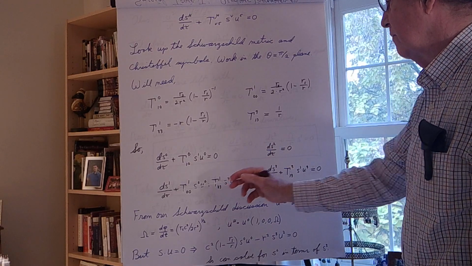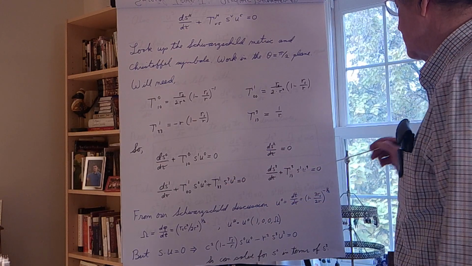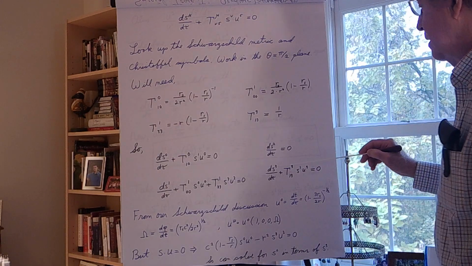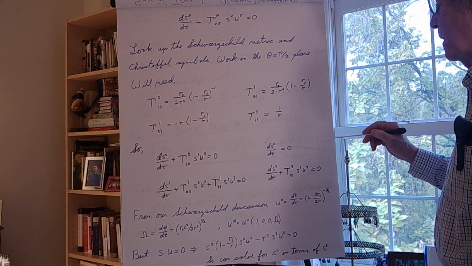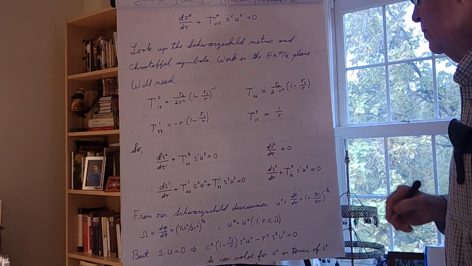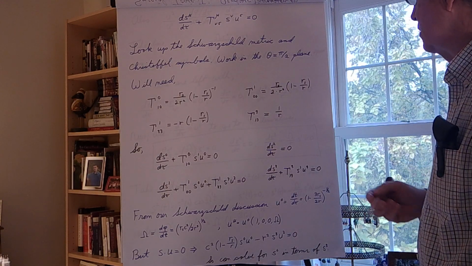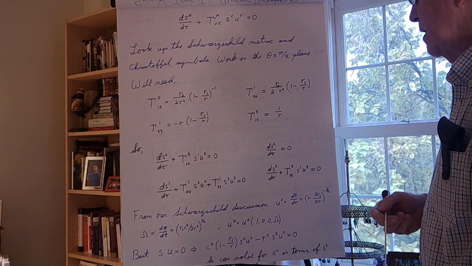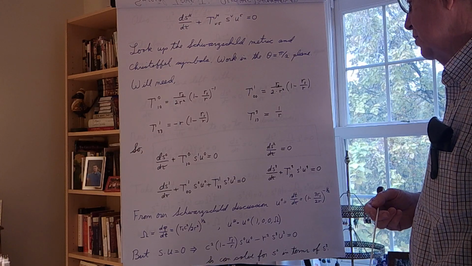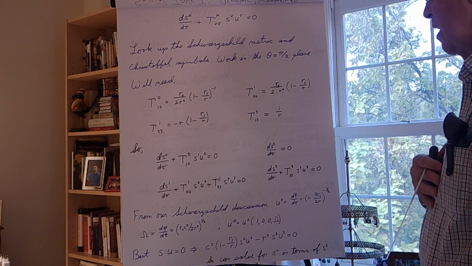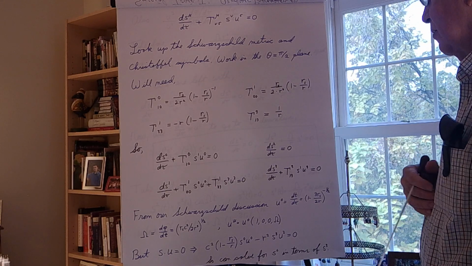And then similarly, the differential equation for ds1 and the differential equation for ds3, the phi dependent one. The theta dependence was particularly simple because many of the Christoffel symbols are 0 in that case, and in this case I'm picking theta equals pi over 2. So that's just a question of looking it up and cleaning it up.